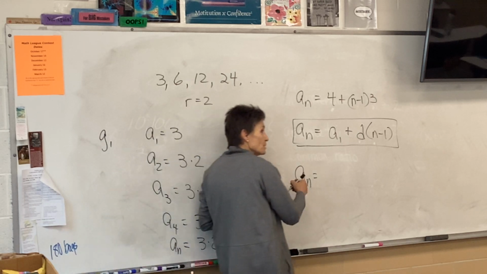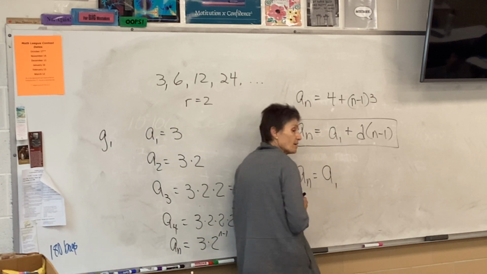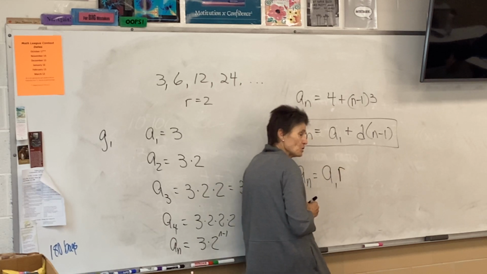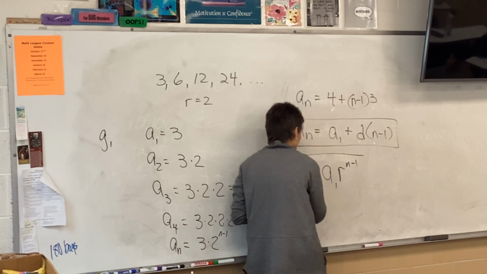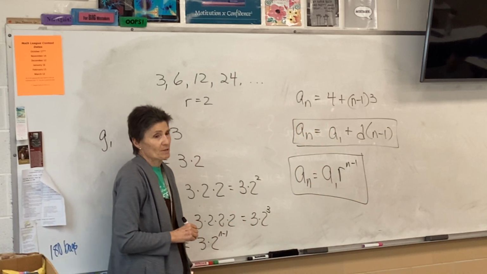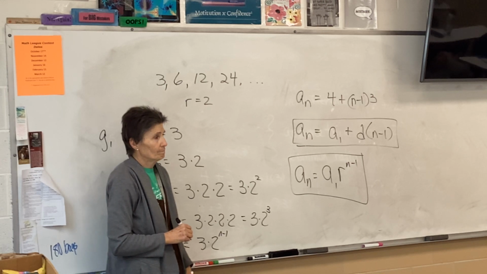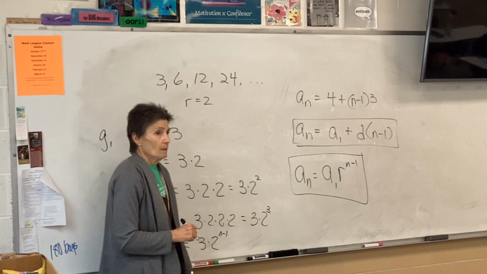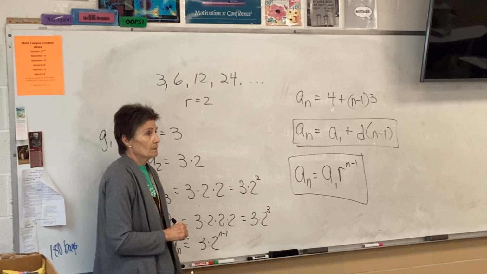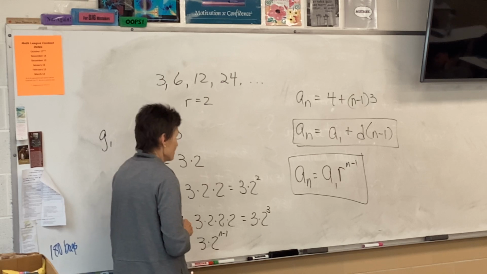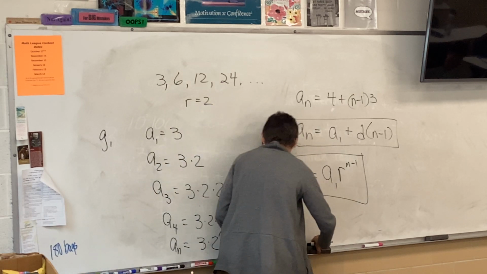So in general, we're gonna take our first term, we're gonna multiply by the ratio to the n minus first power. And that's gonna be your geometric formula, one of them. All right? Okay, all right.